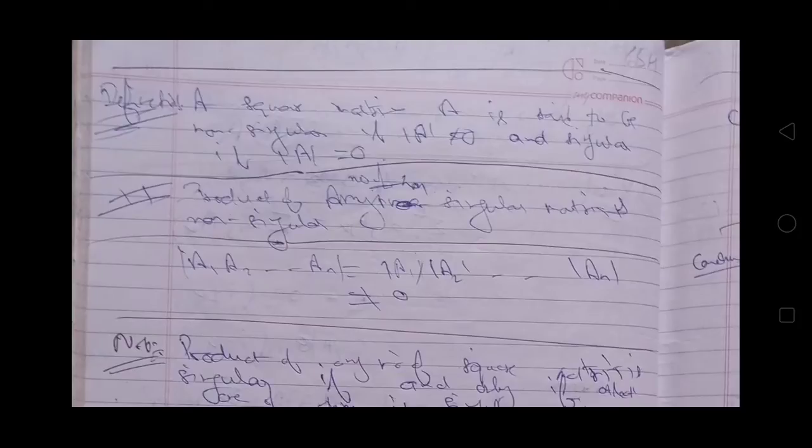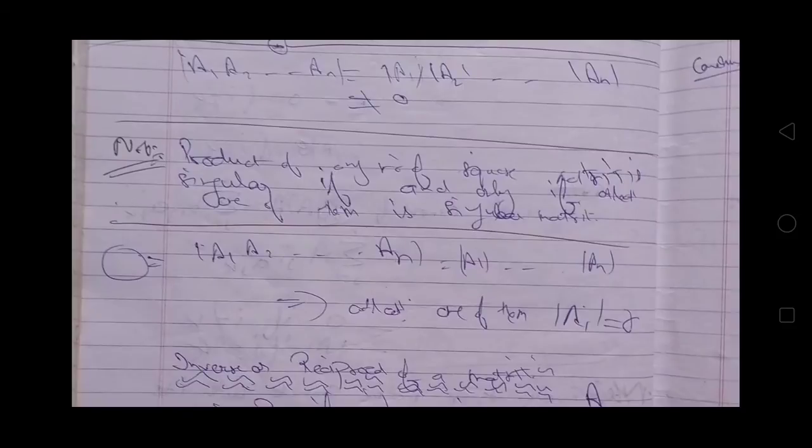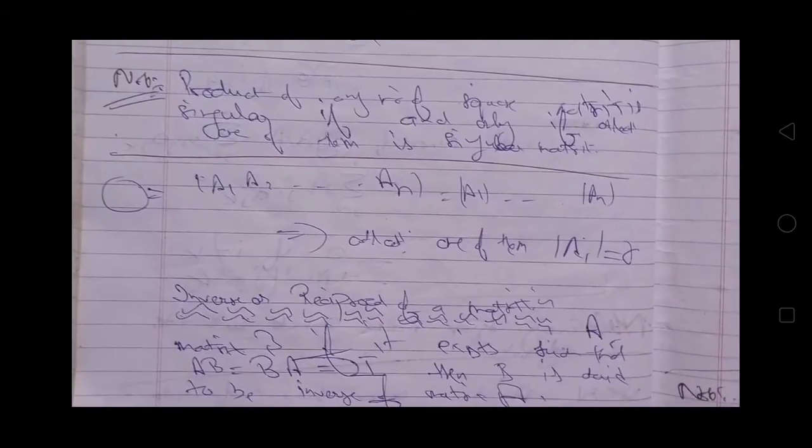This will be non-zero because, as mentioned, it is the product of non-singular matrices. Now see this note. The product of any number of square matrices is singular if and only if at least one of them is a singular matrix. You can see this proof easily by yourself.